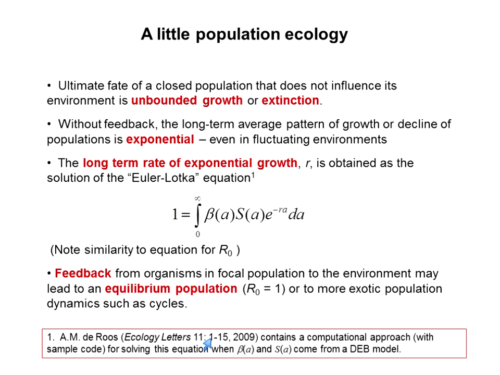He describes a computational approach, and he includes in the appendix material software that does this for a simplified version of Bass's DEB model. It would require adaptation to work with the full model, but all the hard stuff, I think, is done there in this André de Roos paper.